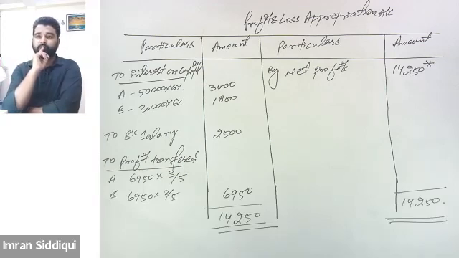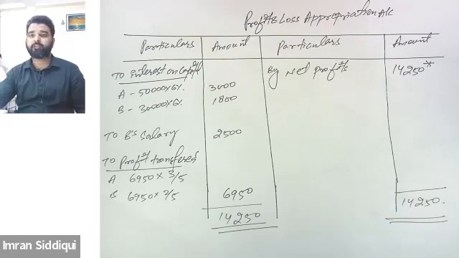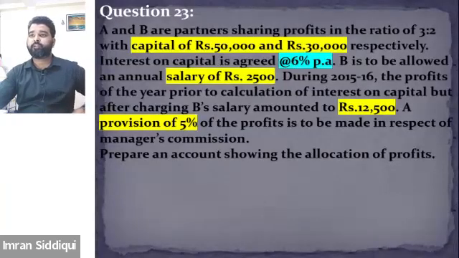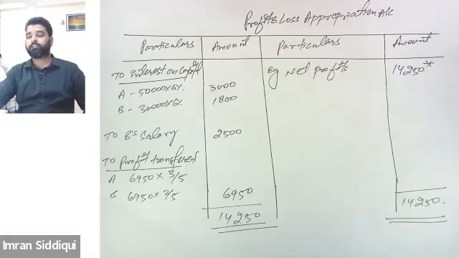Okay, understood, sir. You need not apply that formula in this question, because question is simply saying that we need to pay manager commission at 5%, right? And this commission need to be paid out of the profit. So we will simply calculate the profit, and then out of that profit we will calculate 5%. This is it. Okay, sir.